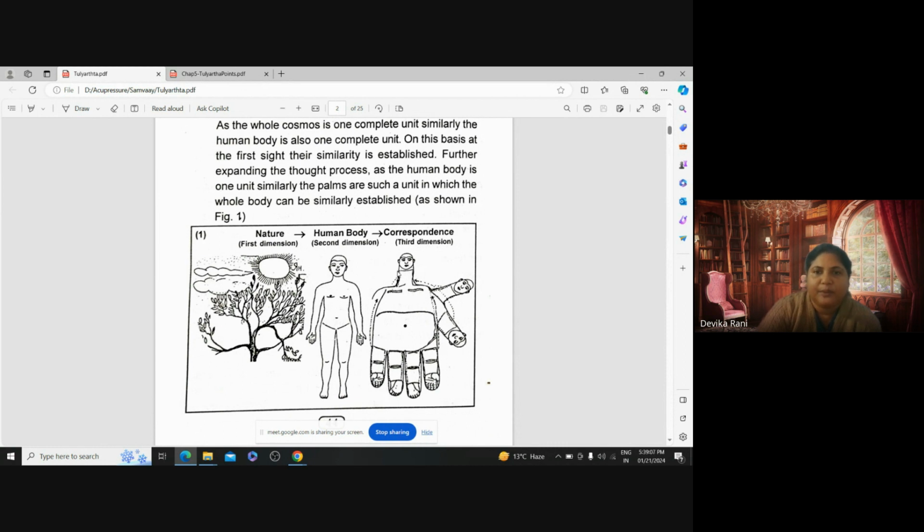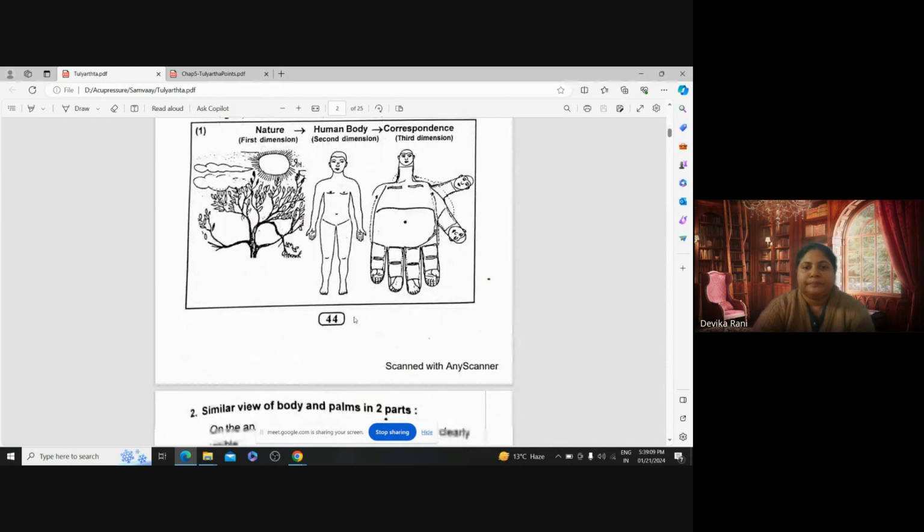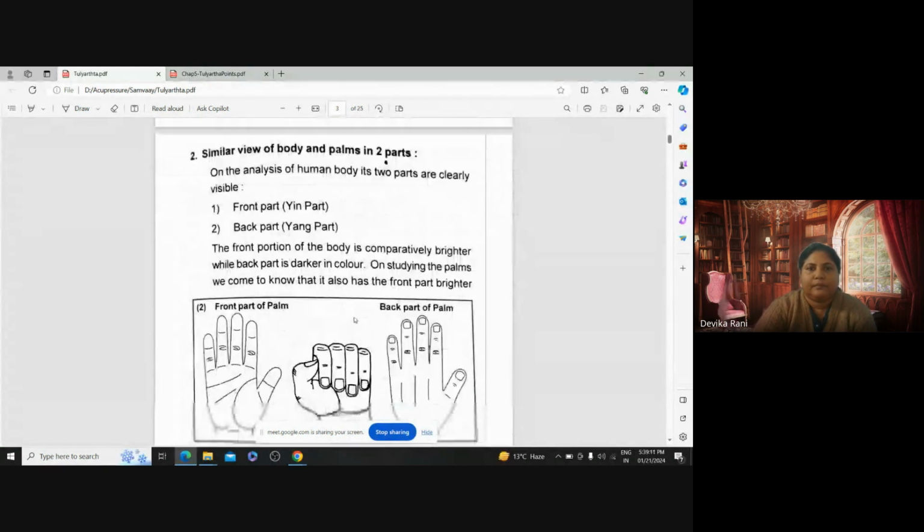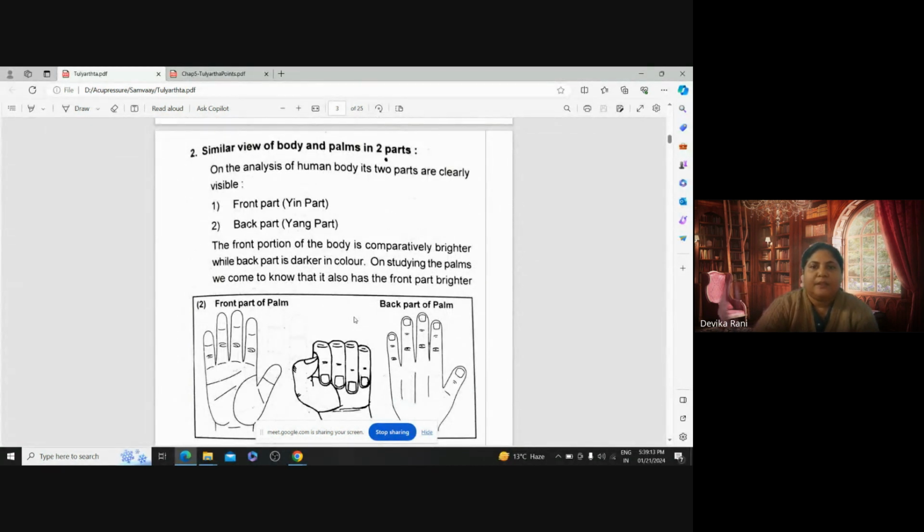Now let's go further to understand this even more. Just like in our body, there is a front part and a back part. The front part is lighter and brighter, while the back part is darker when you compare it to the front.